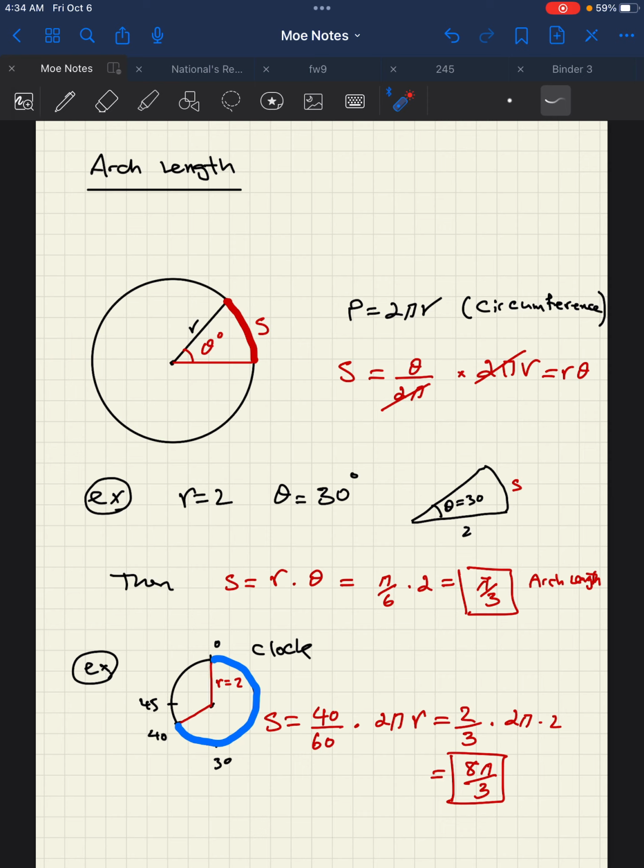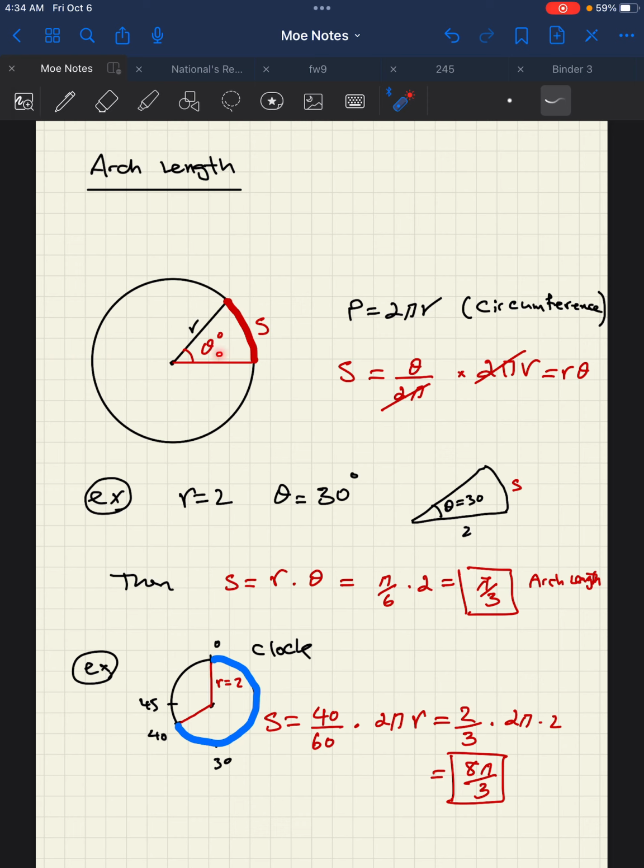So think about how would you calculate this arc length here with an angle of theta with the same radius r? Well, a circle is 2 pi in terms of radian or 360 degrees in terms of degrees. So let's just stick to radian right now.